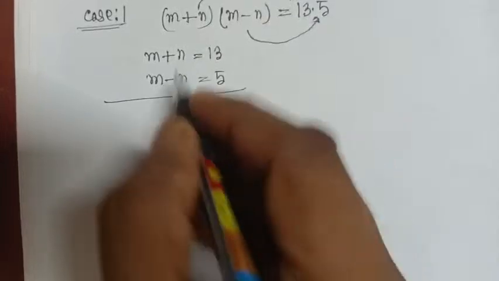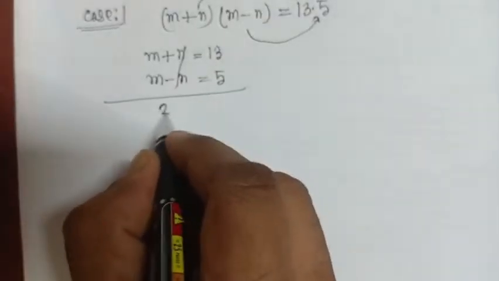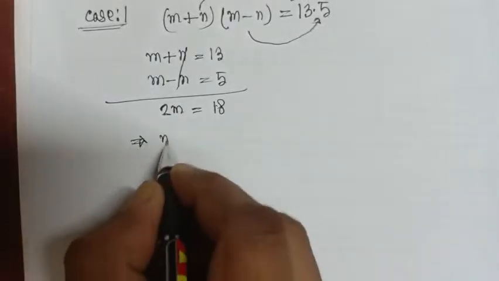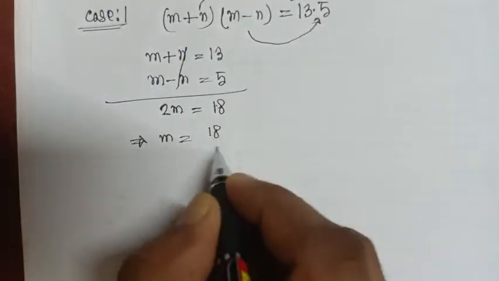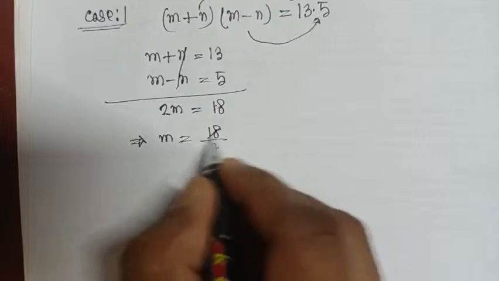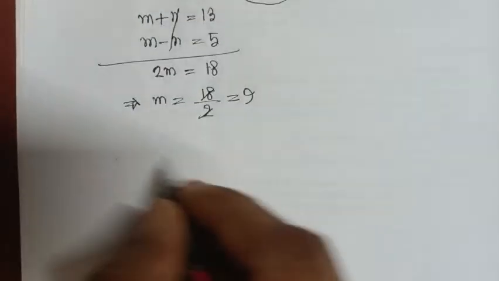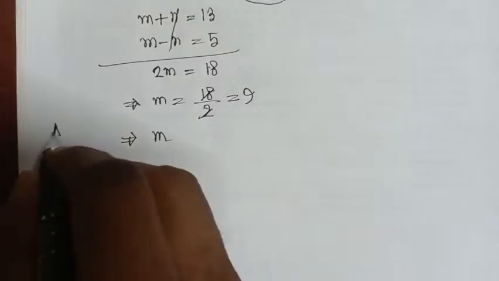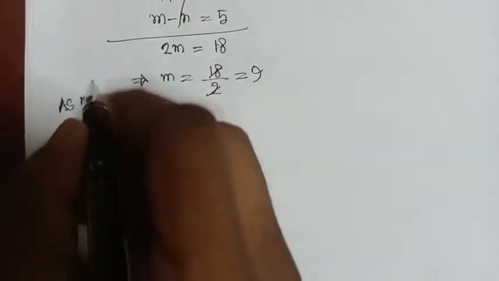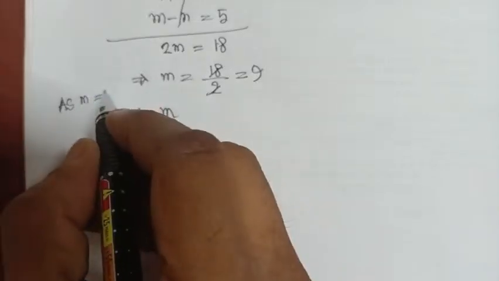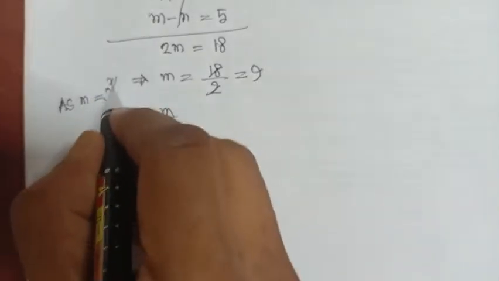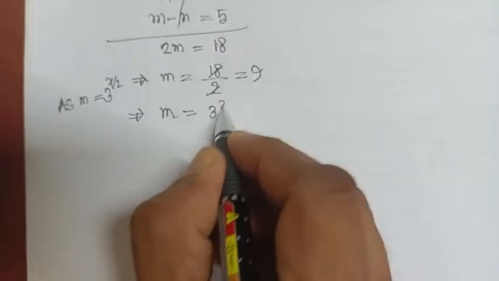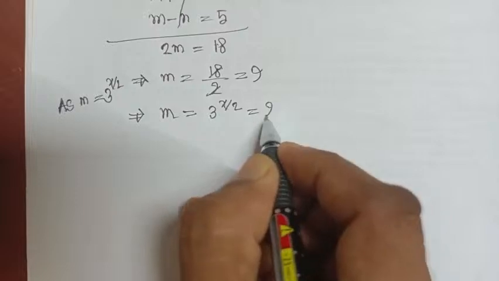If we add these two, we get twice m equals 18, hence m equals 18 by 2, which cancels out to 9. Now we put the value of m, m equals 3 to the power x by 2 equals 9.